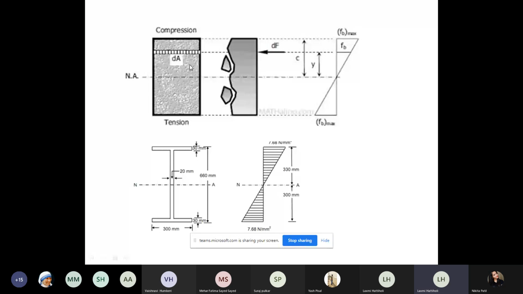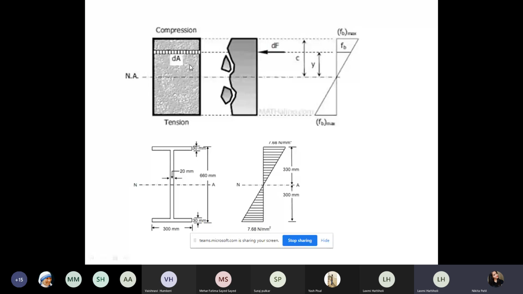Can you tell me where you have provided the extra material, in the rectangle or in the I section? Did you get my question?